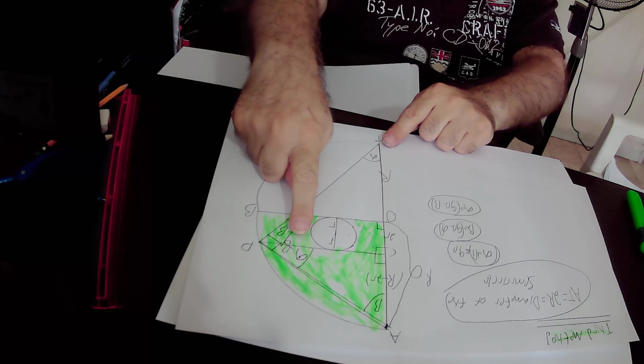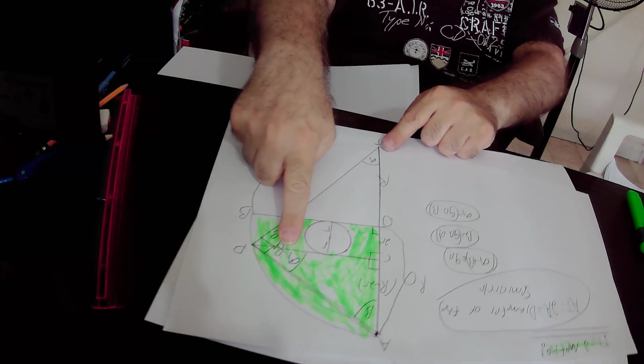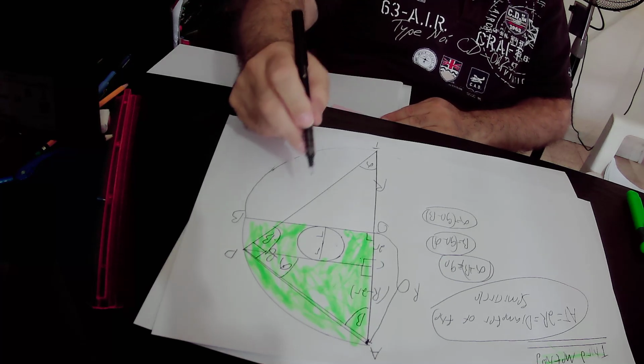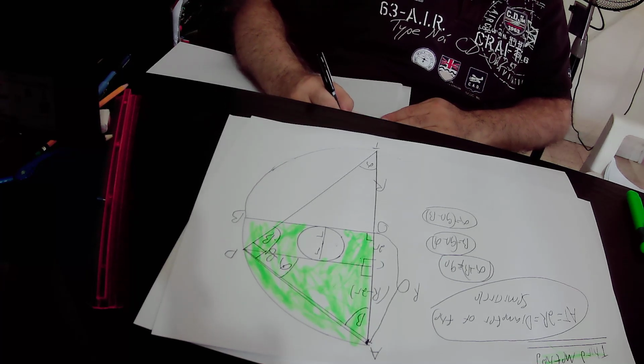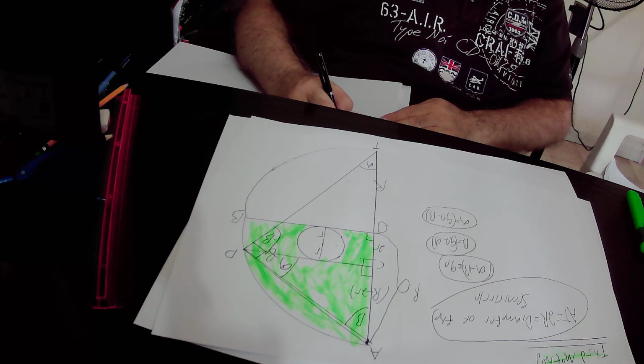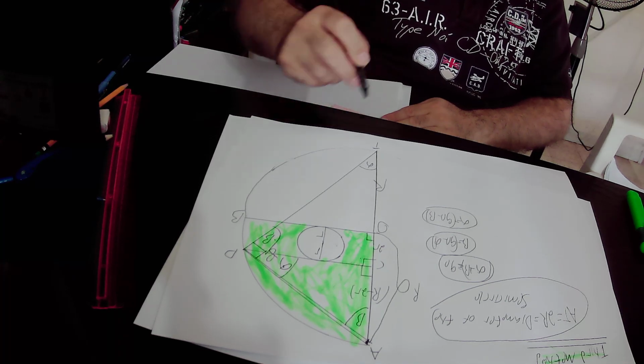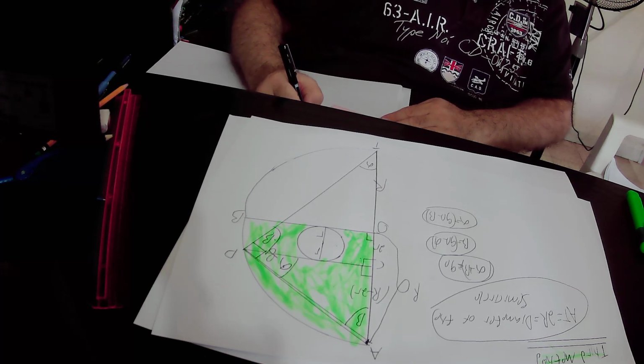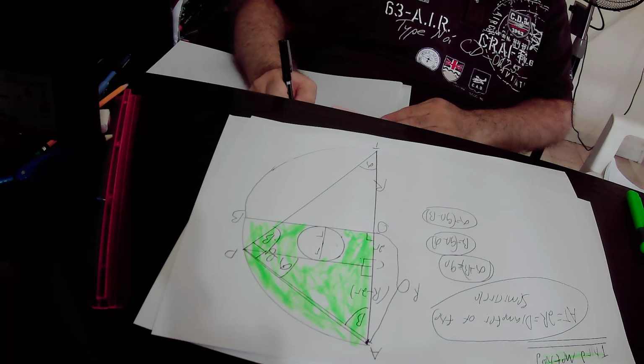First of all, those two angles are both equal to alpha, therefore they are equal to each other. So here, angle ADC equals angle CTD. They are both equal to alpha, therefore they are equal to each other.